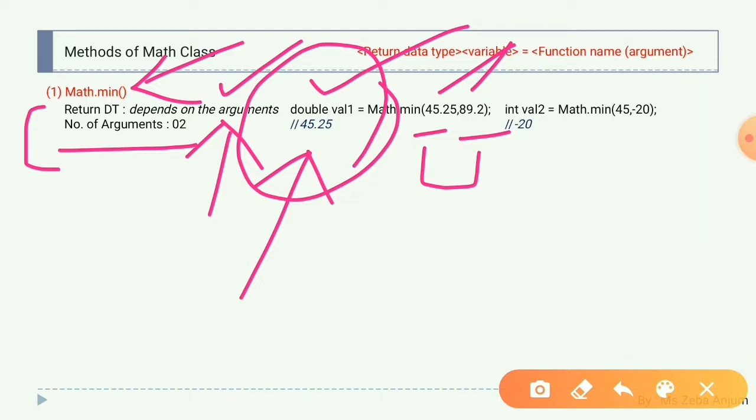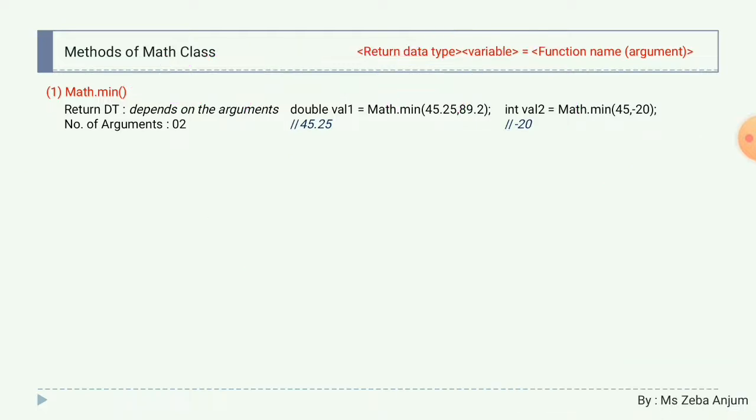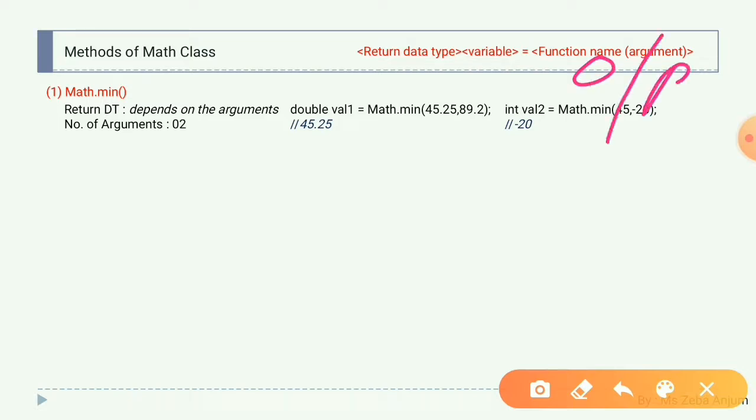In the second example we have Math.min(45, -20). The minimum number is minus 20, and it is an integer. Now again, the kind of questions you will get regarding this function is either you need to find the outputs, or you might get a program in which you are asked to take 3 or 4 variables and find the minimum value among them using this function.